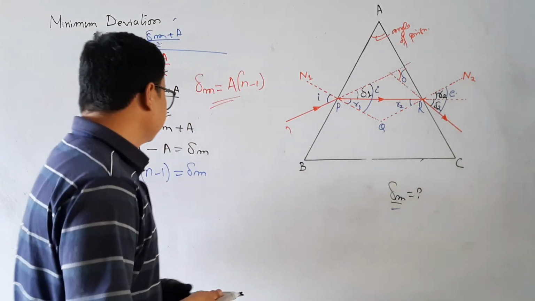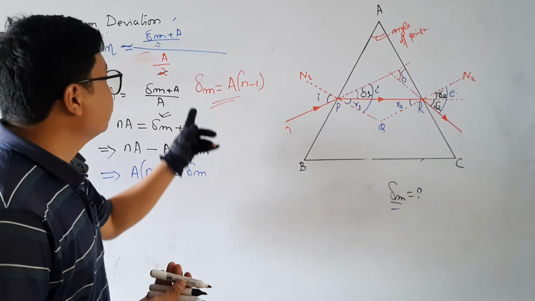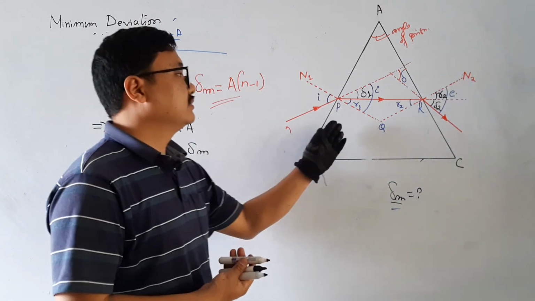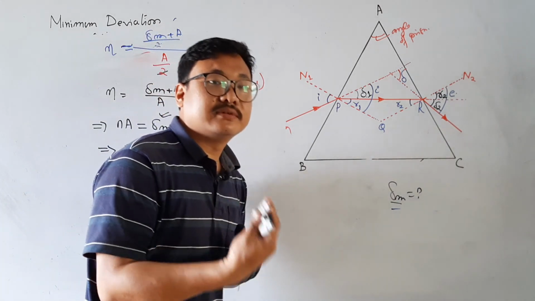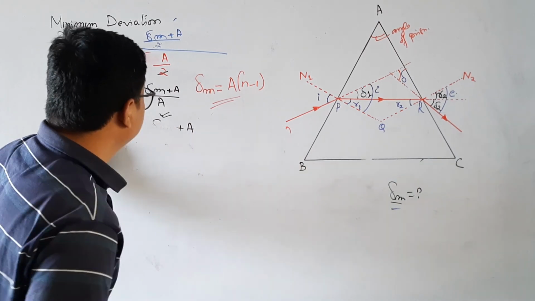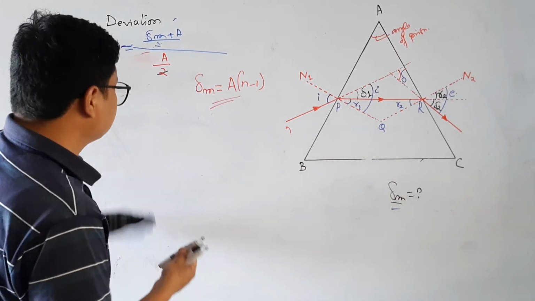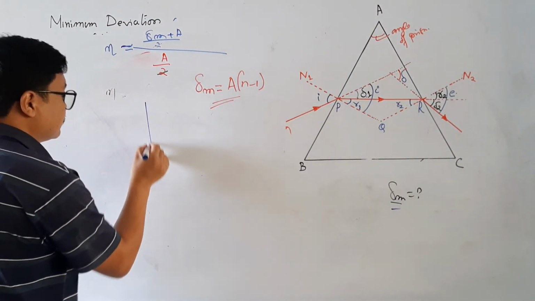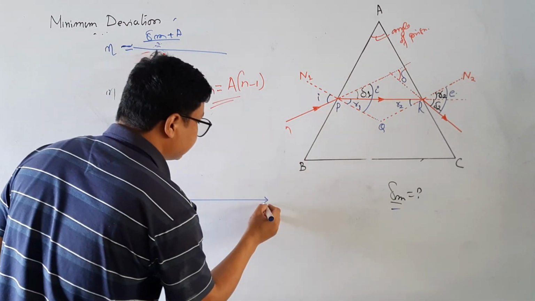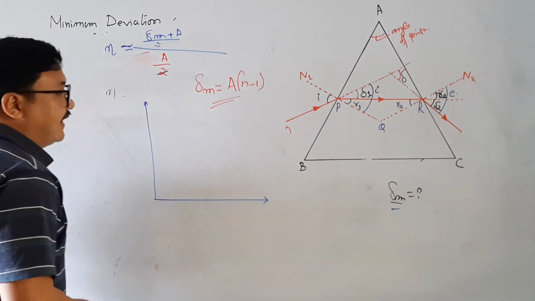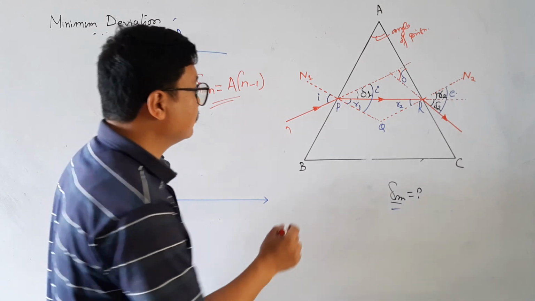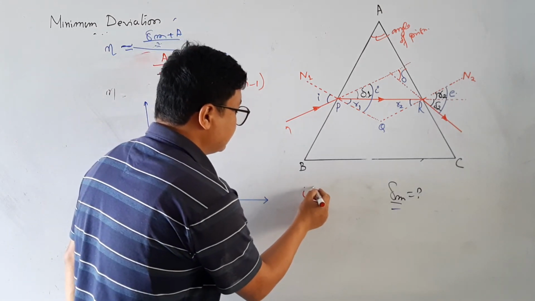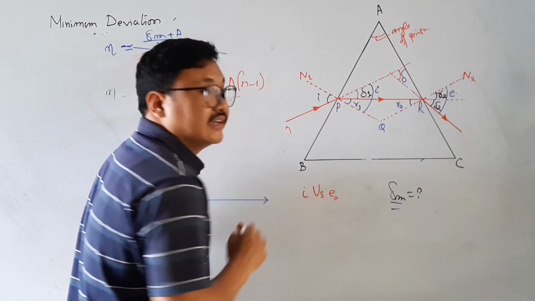Now there is another way to find the minimum deviation using the prism with the help of a practical. For that practical, on one side we take these angles, and we plot the angle of incidence versus angle of emergence.